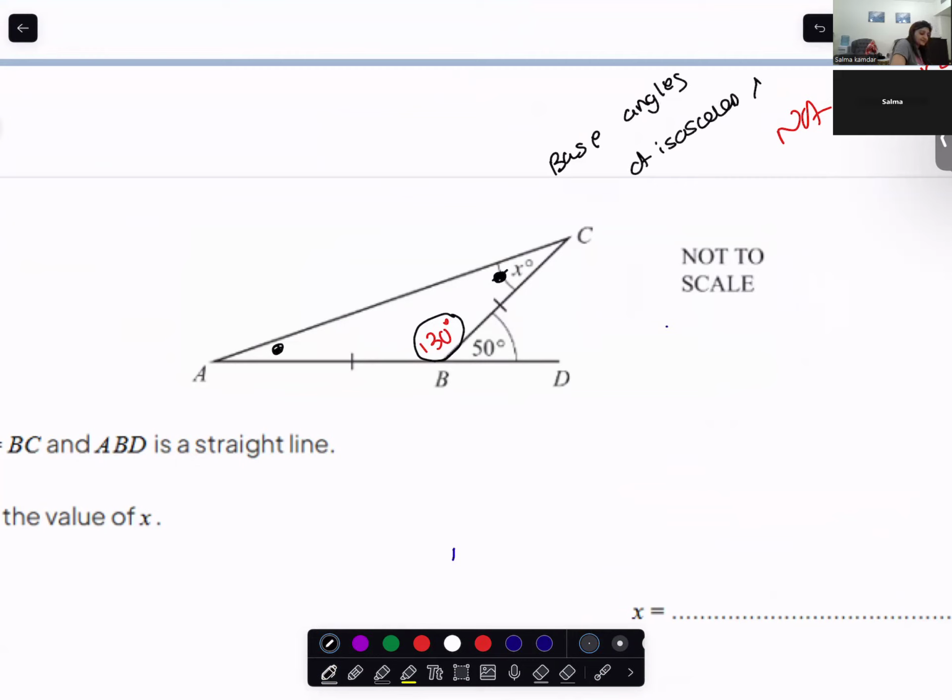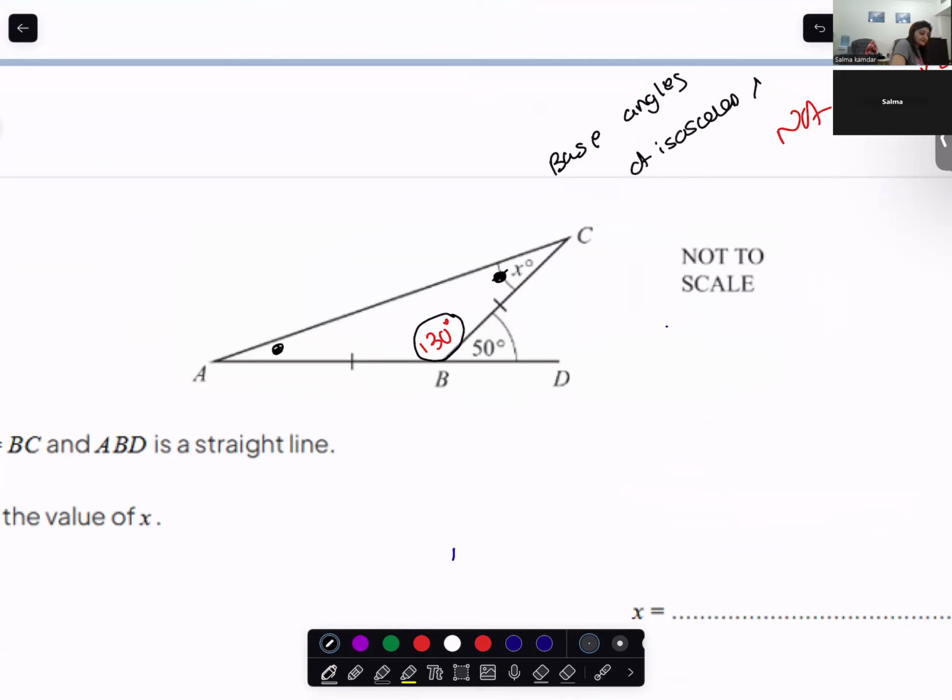So sum of both these angles is going to be 180 minus 130. Sum of both these angles will be 50 degree. But since it is an isosceles triangle, angle A will be 25 degree, angle C will be 25 degree. Base angles of isosceles triangle.